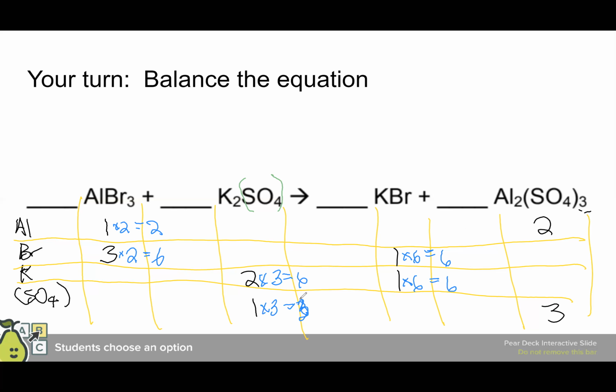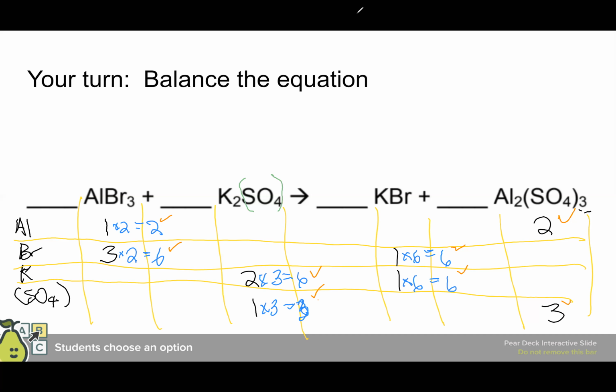And then finally my SO4, my sulfate, I have 3 on the left and 3 on the right. Excellent, that checks. So now I think I'm totally balanced. Let me just double check myself. 2 and 2 for aluminum, bromine is 6 and 6, potassium is 6 and 6, and sulfate is 3 and 3.